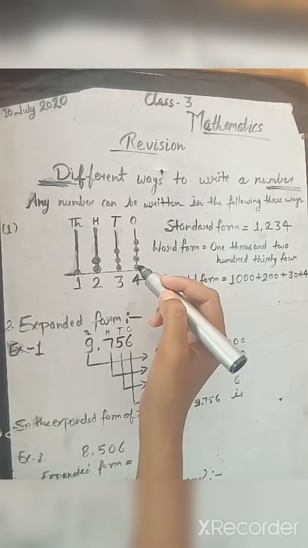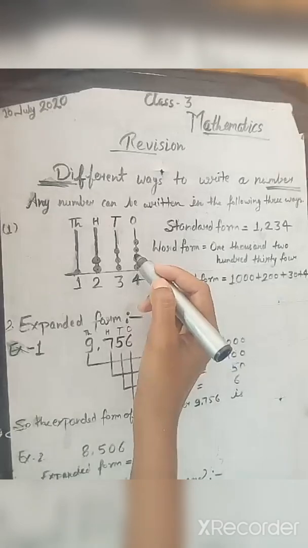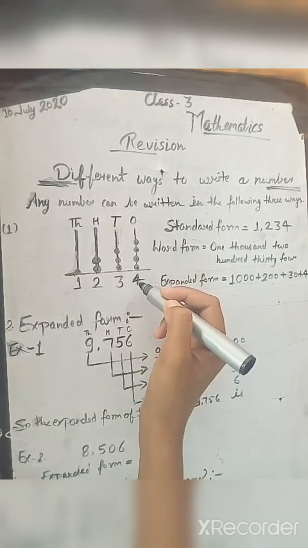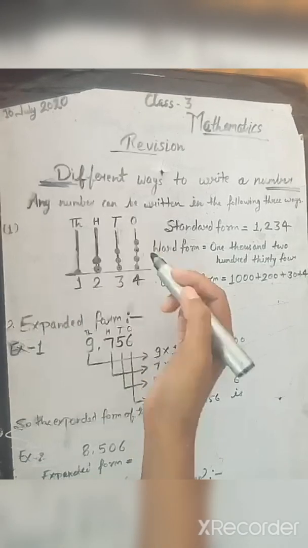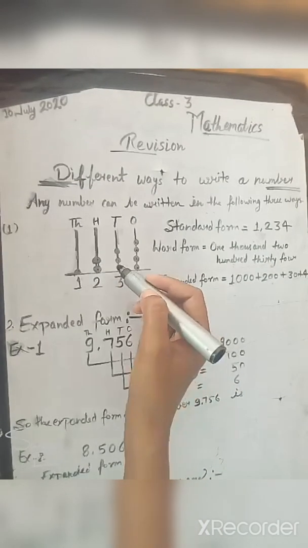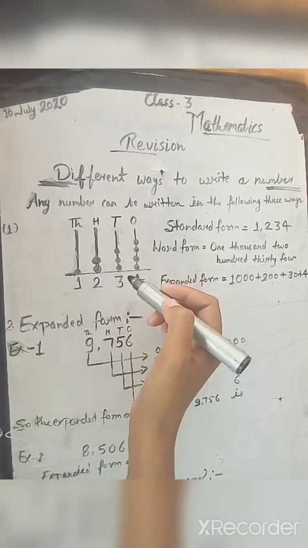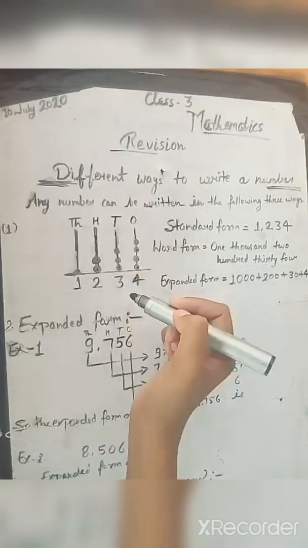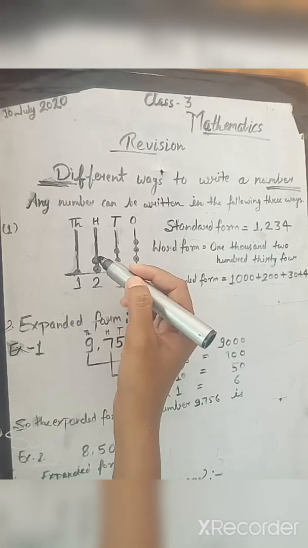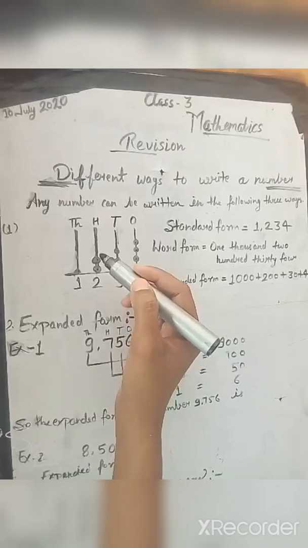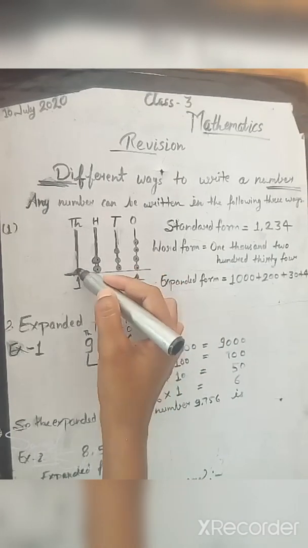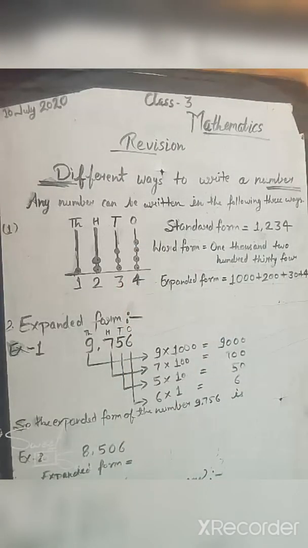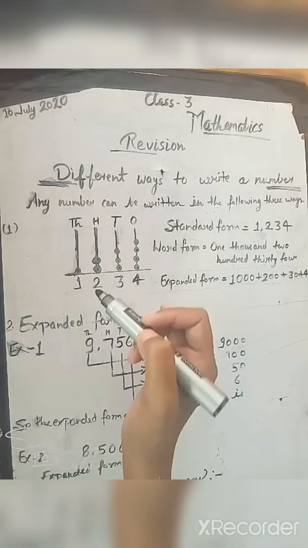Like here we can see 1, 2, 3, 4 beads, so it means here 4 ones. Okay, at tens place 1, 2, 3 beads means 3 tens. Okay, at 100 place 1, 2 beads means 200, and at 1000 place 1 bead, so it means 1000.